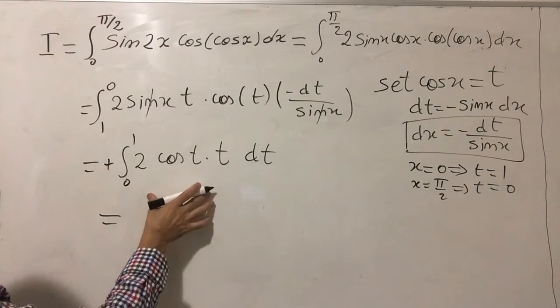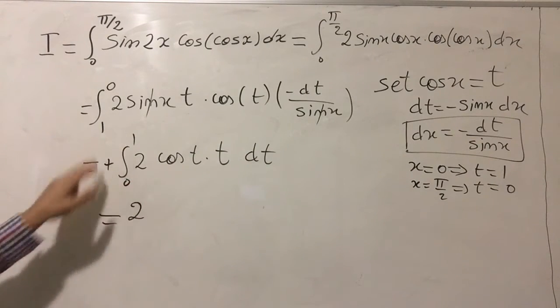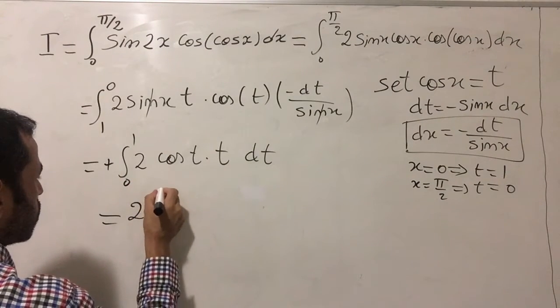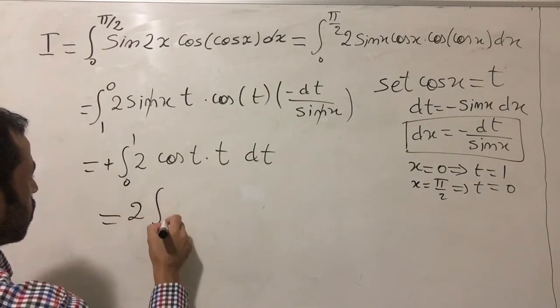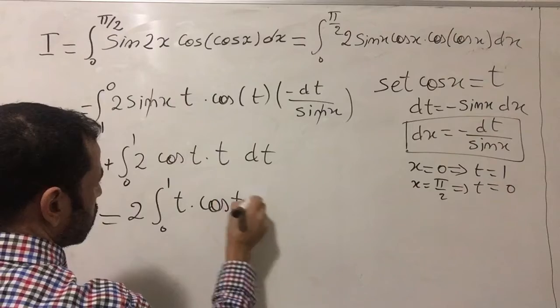Now my new integral is this one, so I'm going to take the number 2 outside of this integral. I will have 2 times the integral from 0 to 1 of t cosine t dt.